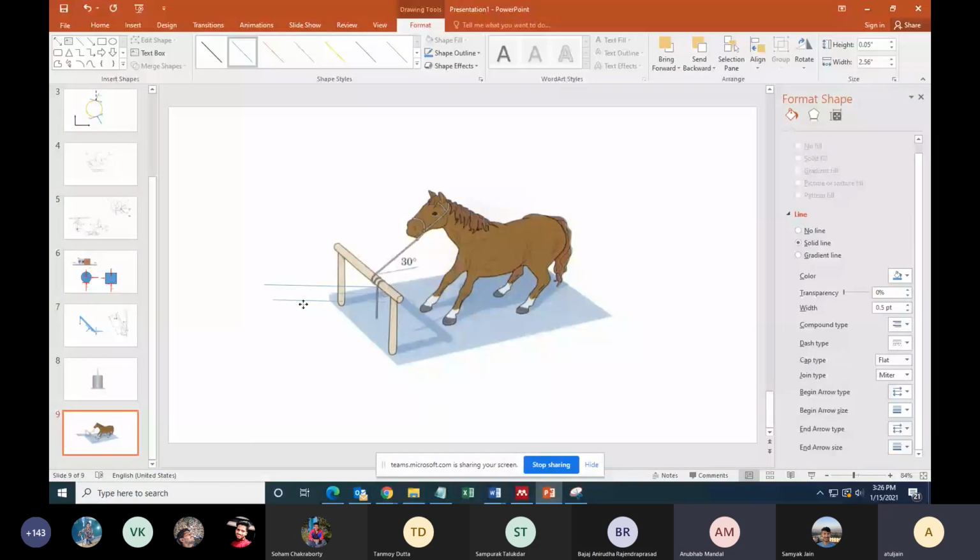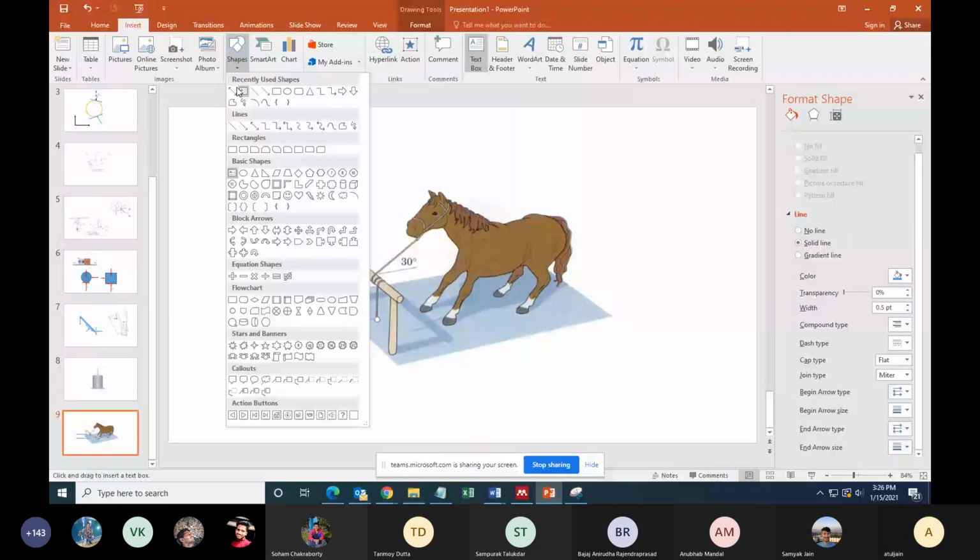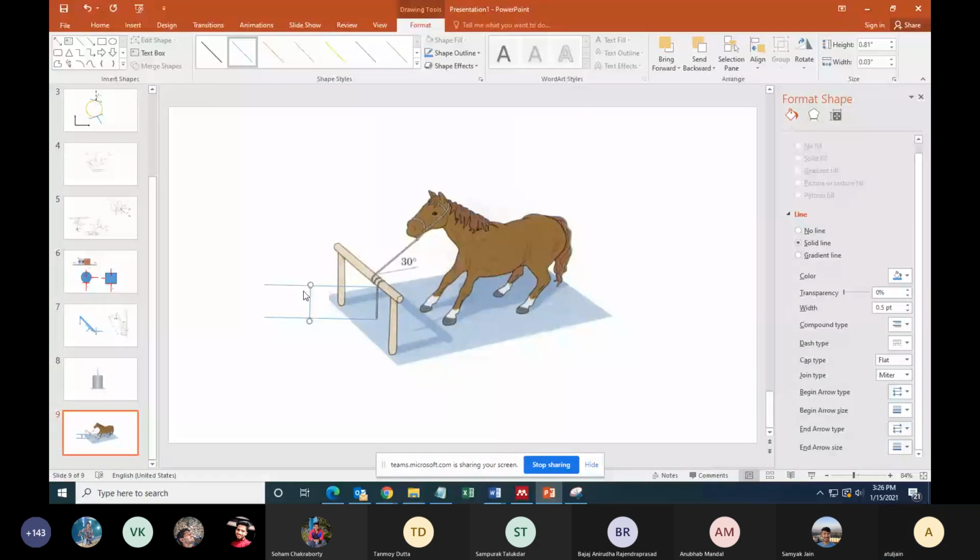If I say that the mass of this much rope hanging is, let's say, 50 grams, how much force will the horse have to apply? Give me an approximate number. What do you think? How much?